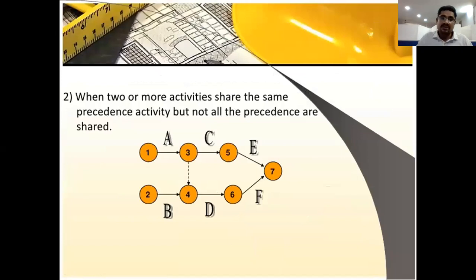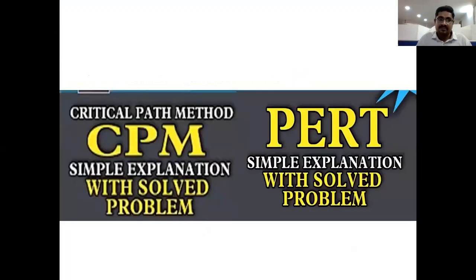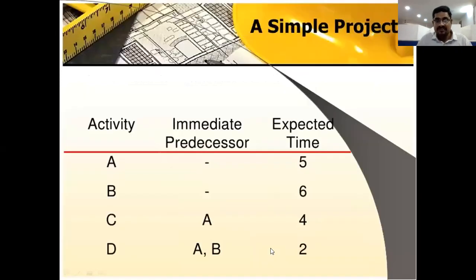So these are the rules and dummy activity. Now coming to the problems. Suppose this is the example, as I told you in the previous class also. These are the activities for doing our contract, and these are the preceding activities, or dependencies of activities, right?